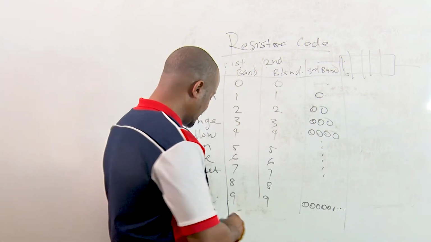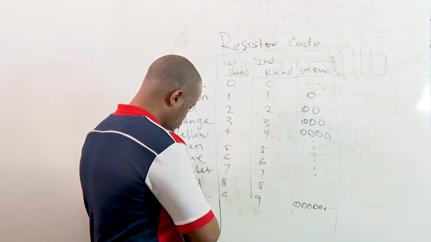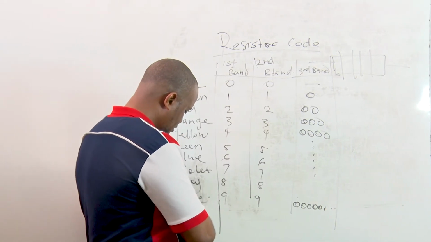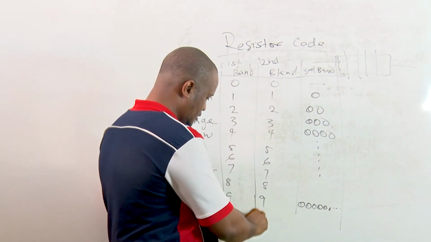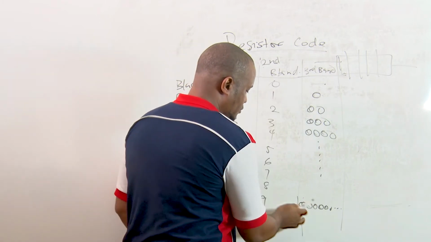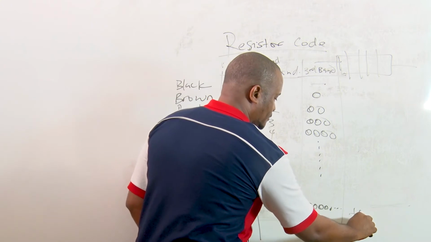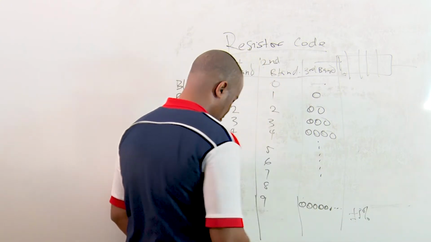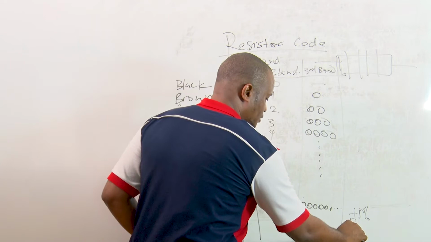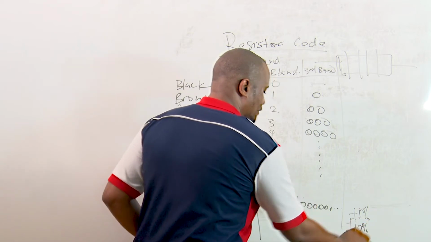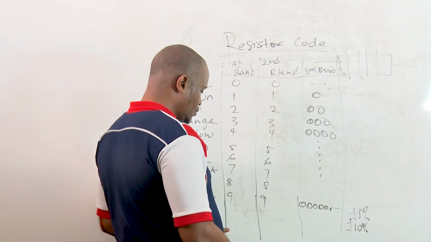And okay, we also have what we call the tolerance. The tolerance can either be gold or silver. So the gold is plus or minus 5%. The silver is plus or minus what? 10%. So this is what we call the tolerance.